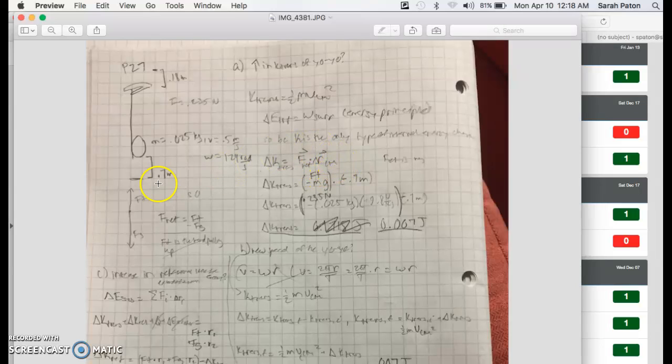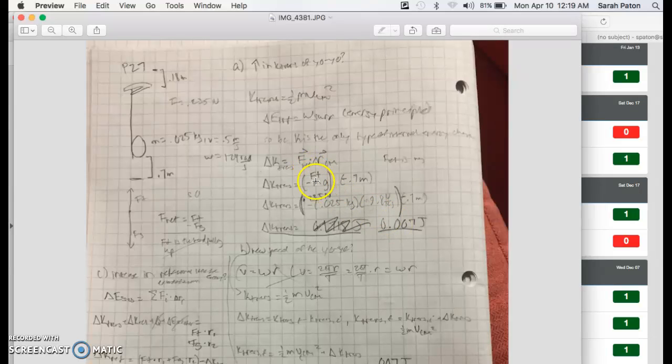I calculate F net through this handy free body diagram. I know that because there's a net movement down by the yo-yo, the gravitational force must be more than the tension force. Given the tension force that the hand exerts on the string, which the string exerts on the yo-yo, and I can calculate the gravitational force through the mass and gravitational constant.